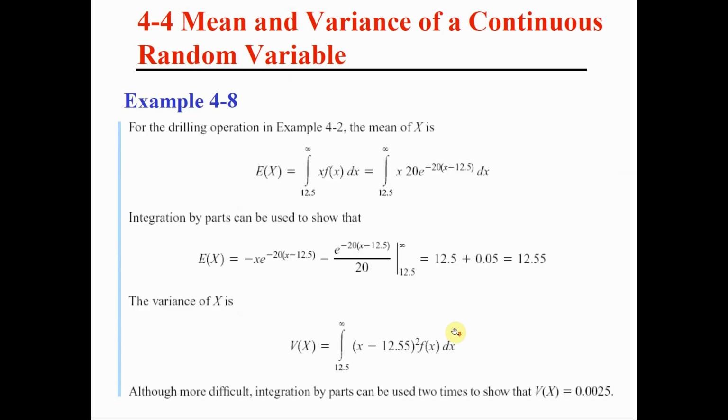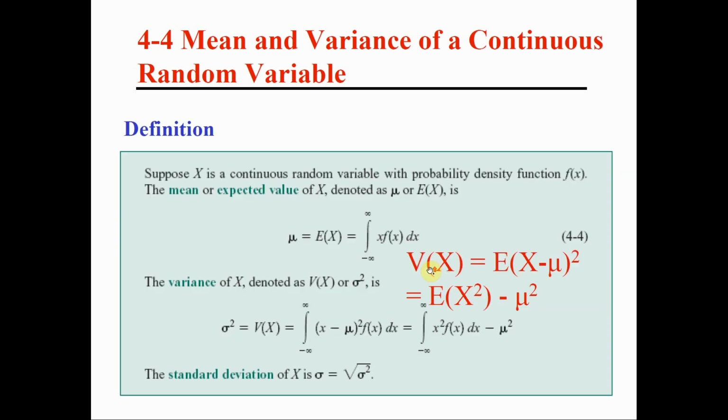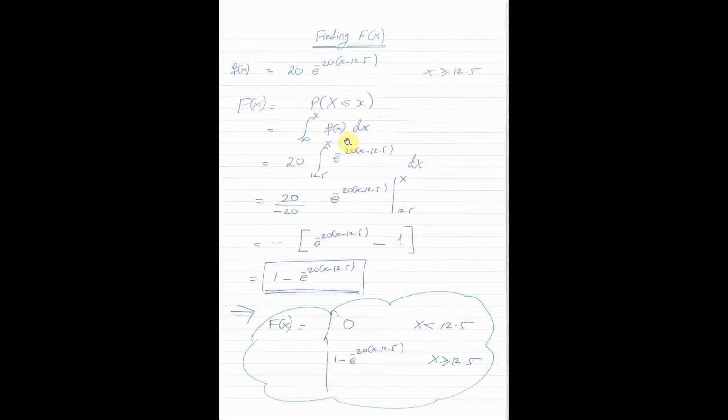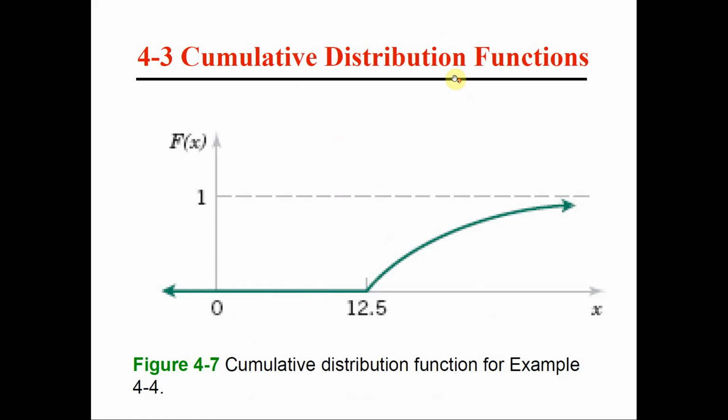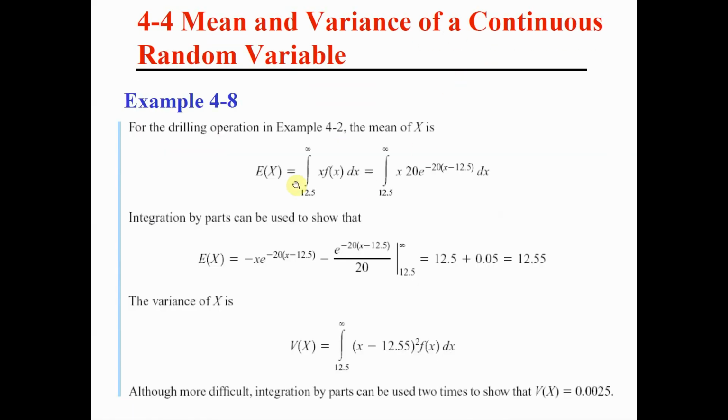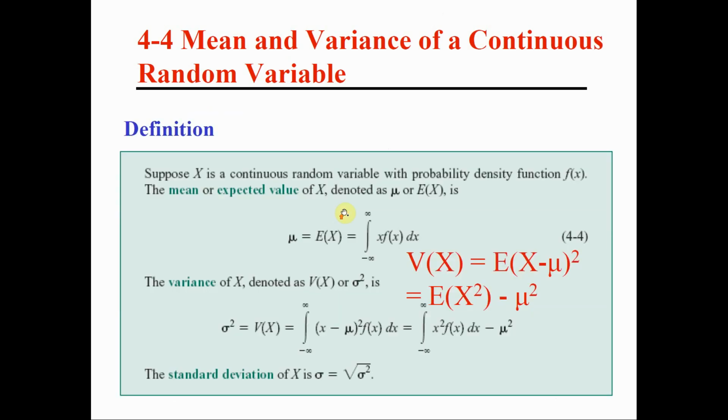Now, let's look at an example. Again, continuing with the same example here, let's recall that our probability density function f of x was given as 20 e to the power of minus 20 times (x minus 12.5), and the variable x is greater than or equal to 12.5. The question is, what is the expected value of this variable x, and what is the variance of this variable x? We just use the definitions.